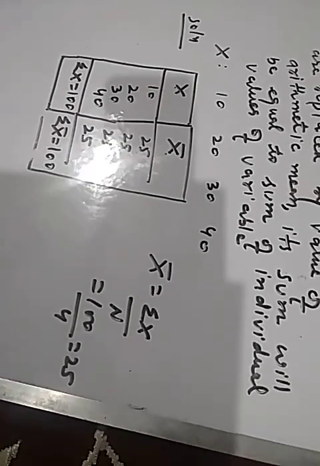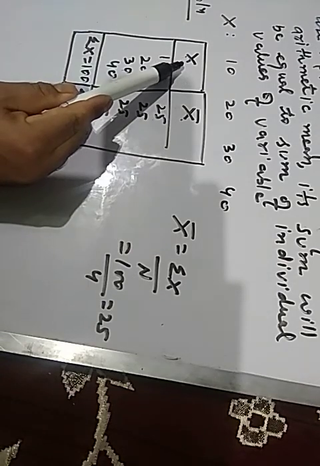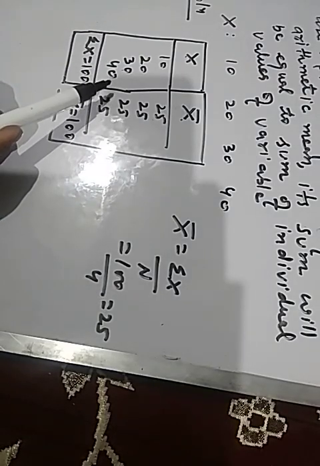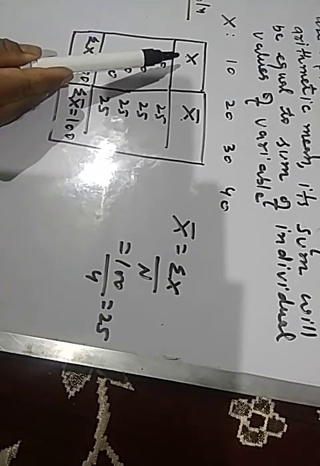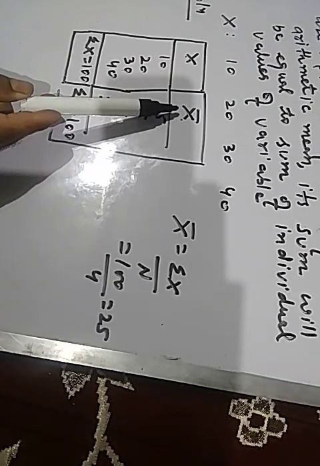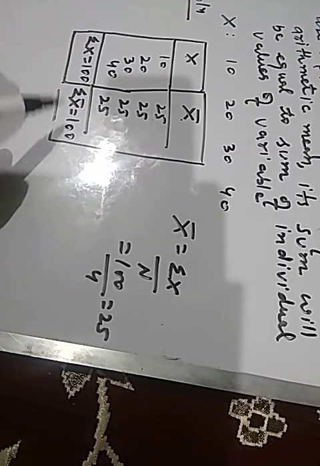This is shown in this example: the values of variable x are replaced by the value of the arithmetic mean, that is 25 in our example, and the sum of individual values of the variable is equal to 100, and the sum of the values of the arithmetic mean is also equal to 100. Therefore this third property is also proved with the help of this example. I hope you have got it.